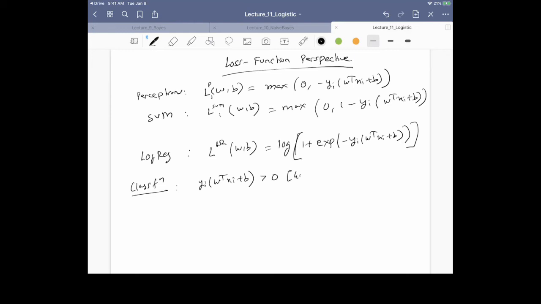So the loss should be low. Conversely, if yi multiplied by W transpose xi plus b is less than 0, that means y and W transpose x plus b are of opposite signs. That means this is bad, and the loss should be high.